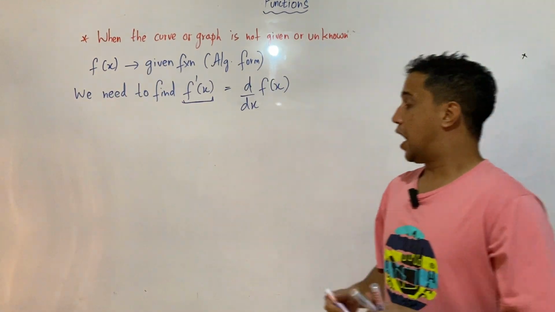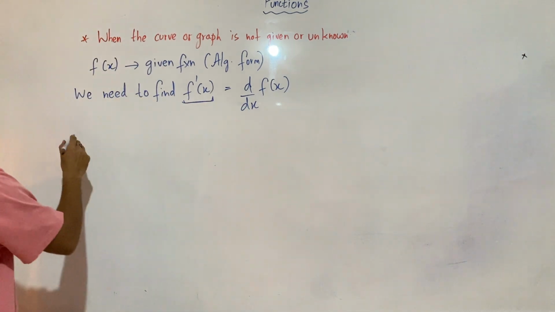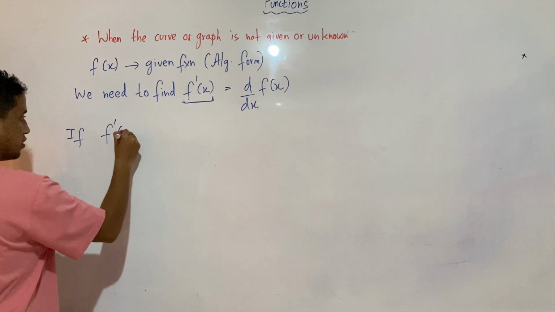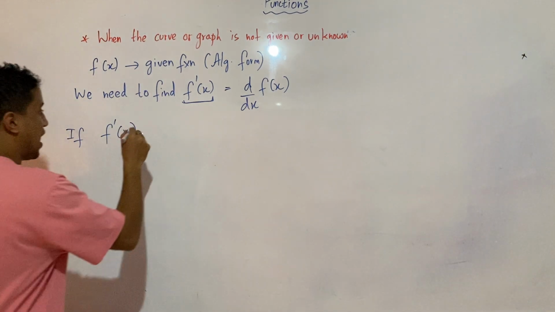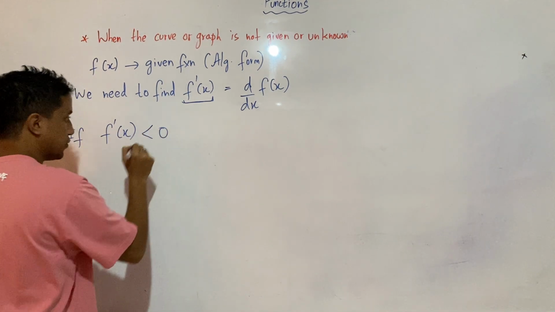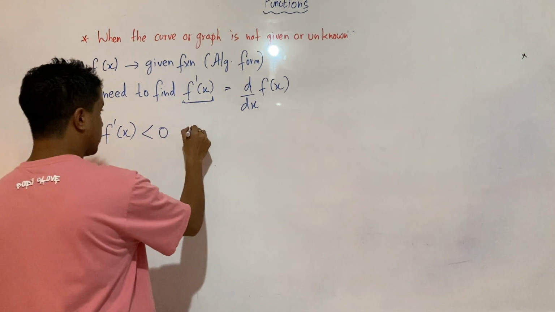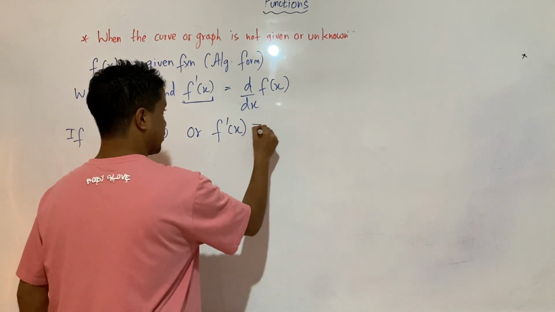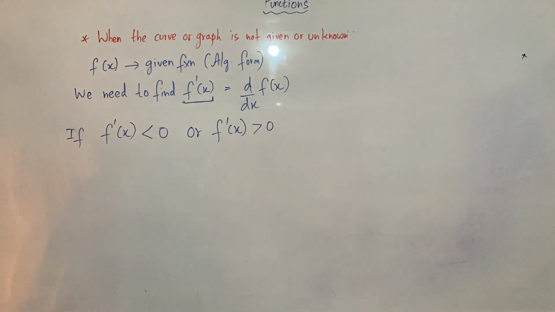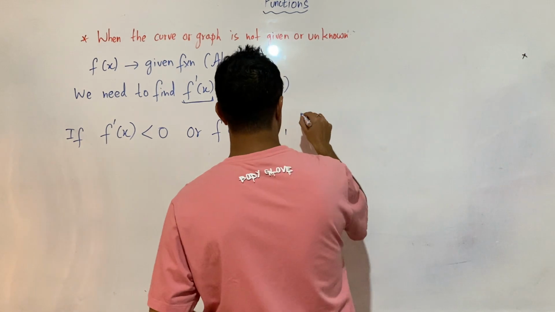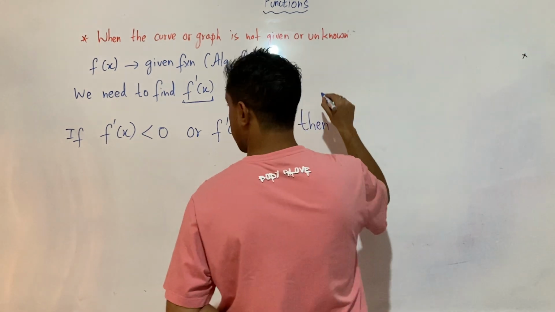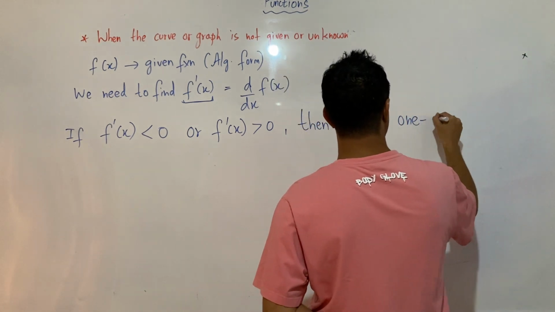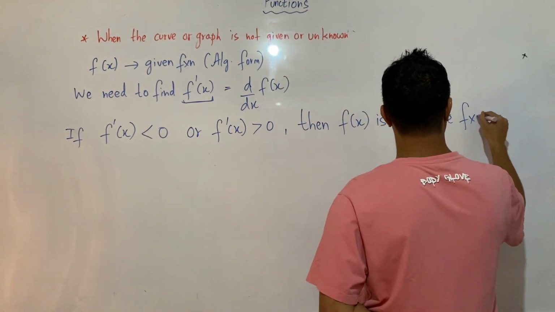Now if the derivative of f(x) is less than 0, or greater than 0, then your f(x) is a one one function.